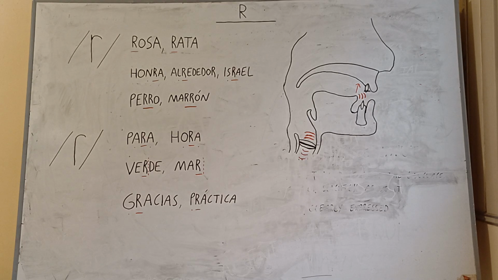That area is called the alveolar ridge. Now, the tip of your tongue will raise towards the alveolar ridge, and it will make contact with the alveolar ridge.